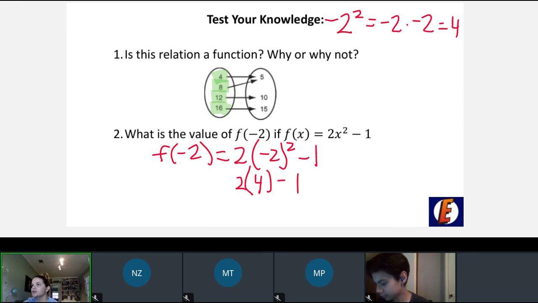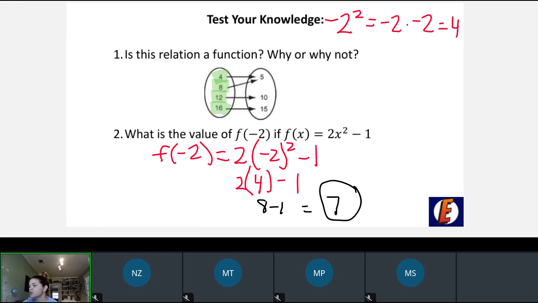For number 2, 2 times 4 is 8. 8 minus 1 is 7. So if y'all got a negative number, it's probably because you did not account for -2 squared. Negative times negative is a +4. 2 times +4 is +8, and then 8 minus 1 is 7.